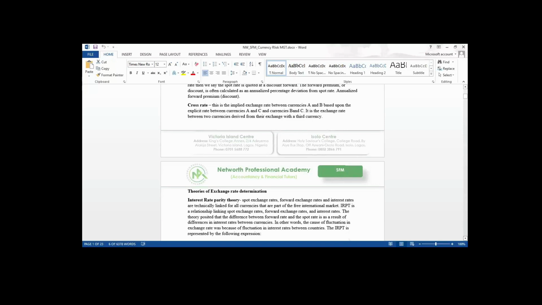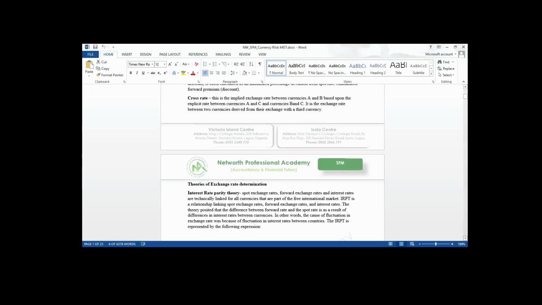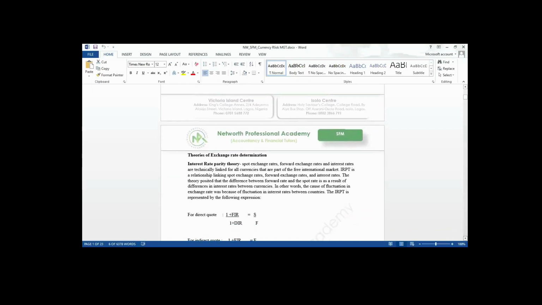Interest rate parity theory can be used to predict the exchange rate between two countries at a future period. If you know the interest rates in country A and country B, and you have the spot rate between the two currencies, then you can forecast forward exchange rates.